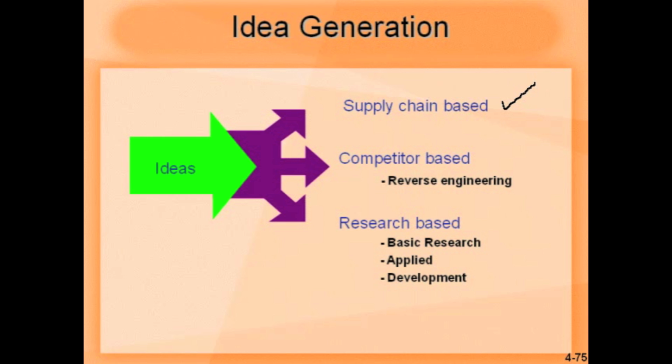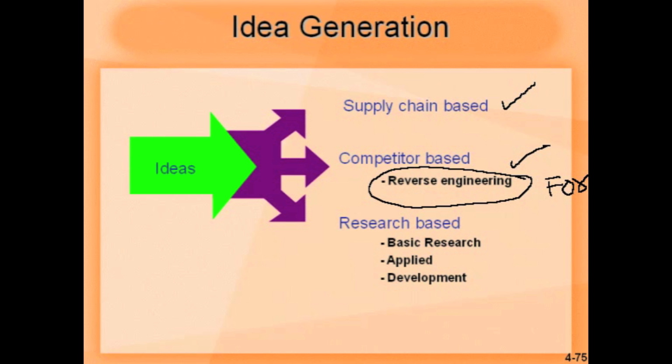It could be competitor based. Like a company sees that their competitors are doing something in a very good way. So they can incorporate those best-in-class actions into their products. One example is reverse engineering, which was done by Ford when they designed Taurus, which became very, very successful in the 90s.